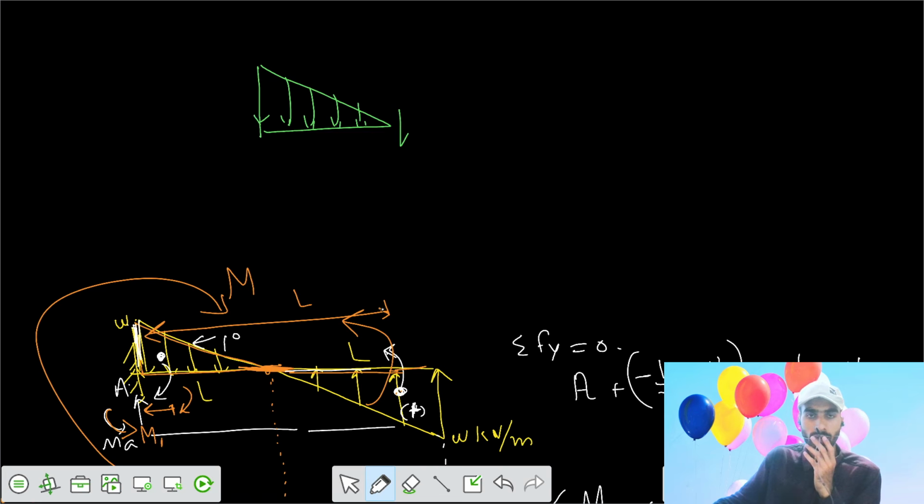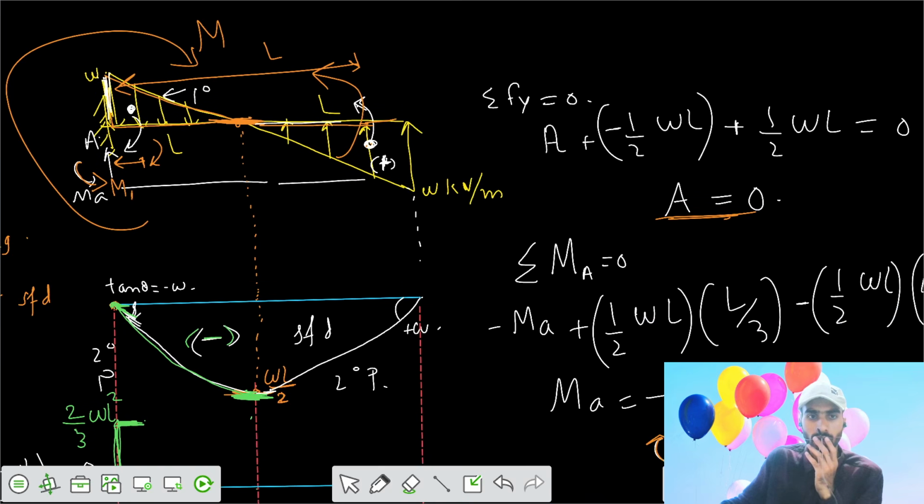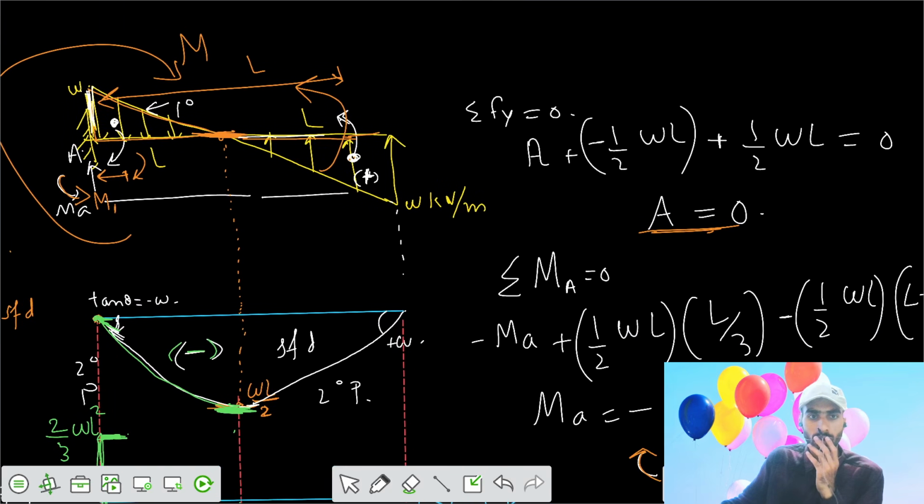Say the shear force here is V, and the bending moment here is moment at mid, and the moment at A was equal to clockwise 2 by 3 WL square, and the shear force and the reaction at A was 0, and we know that the shear force at the mid was WL by 2.